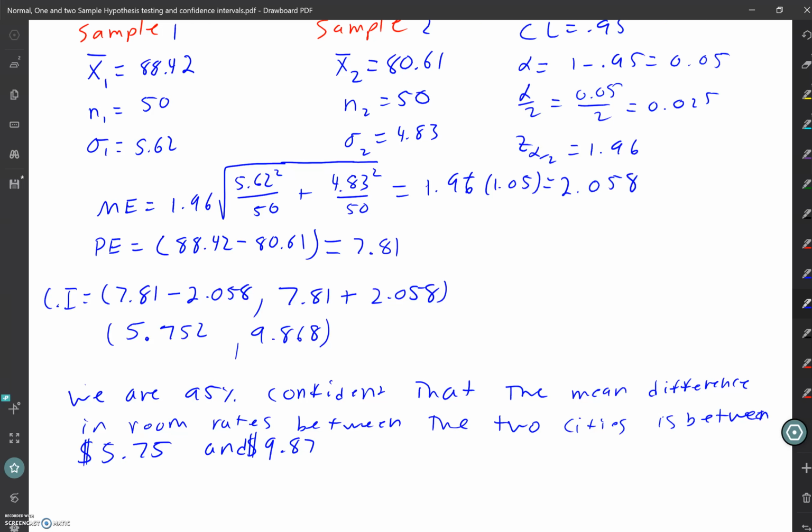So the other thing that we can tell from this interval is not just that the mean difference is in between there, we can also be 95% confident that the average room rate in New Orleans is higher than that in Phoenix. Why can I be confident of that?